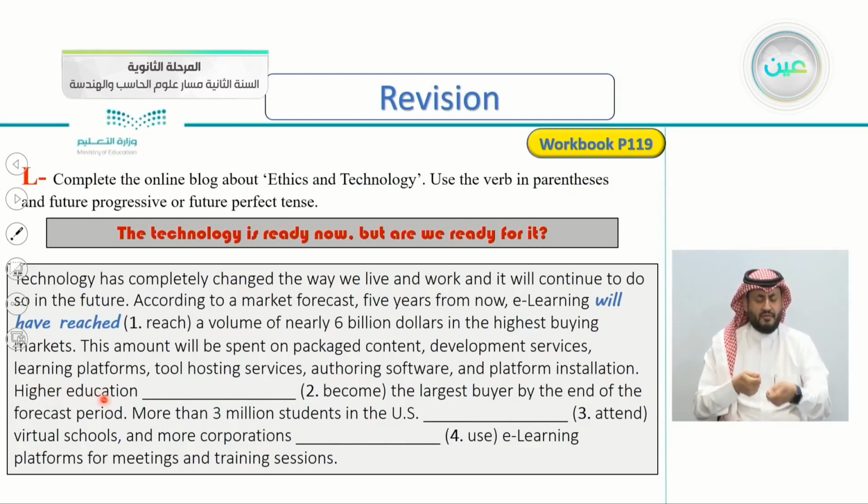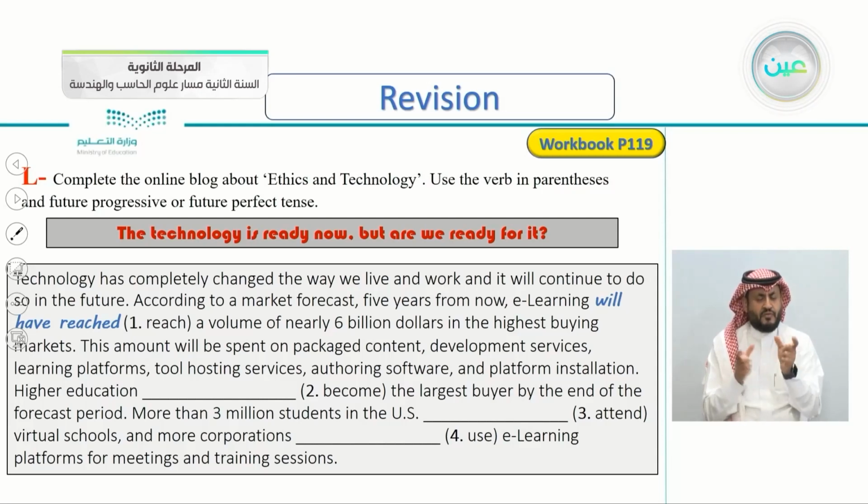Higher education, and the verb become, the largest buyer by the end of the forecast period. So, higher education become the largest buyer by, notice here, by the end of the forecast period.